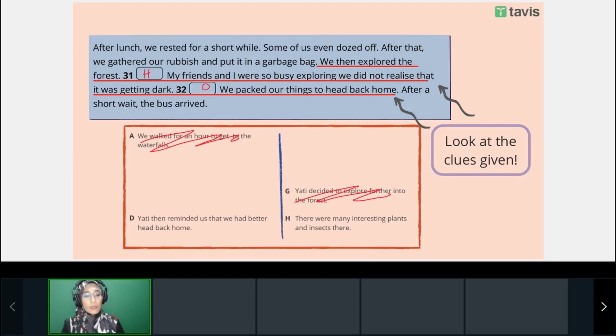Now, according to the Lembaga Peperiksaan, they are going to give you a new OMR sheet. So what you got to do is you have to write the letter and also the full sentence. Because there will be a column where you can write your letter and you can also write your sentences or your words. Okay, so there you go.